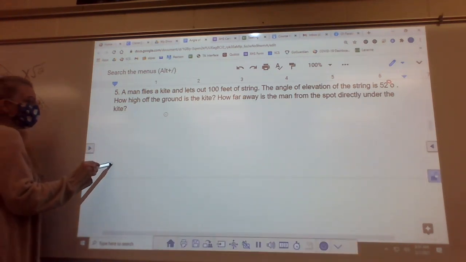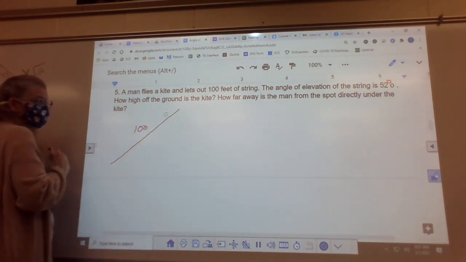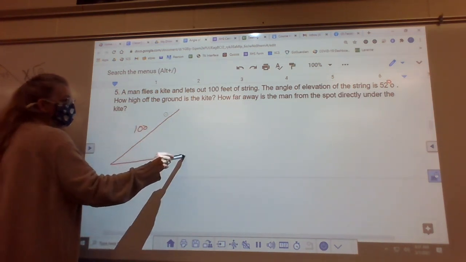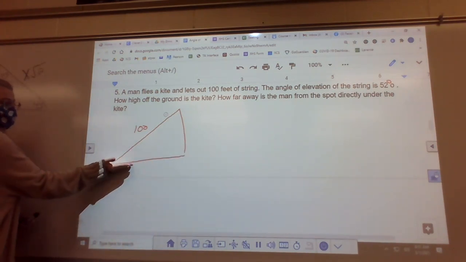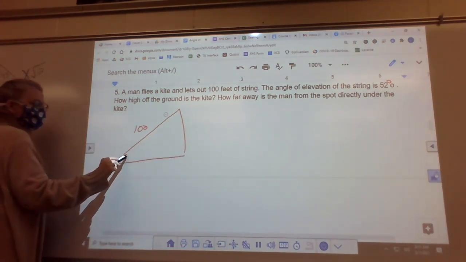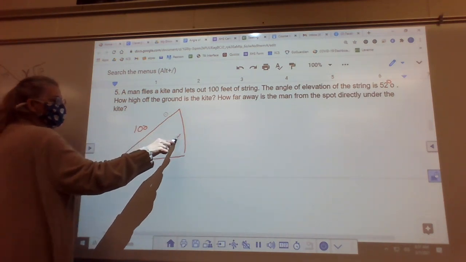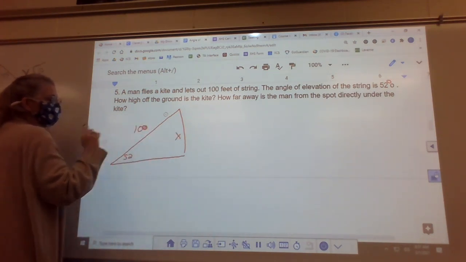So again, I've got a kite string that's 100 feet. The elevation of this kite string is 52 degrees. So this is 52. The first question says, how high off the ground is the kite? So that's going to be the first thing I need to find.